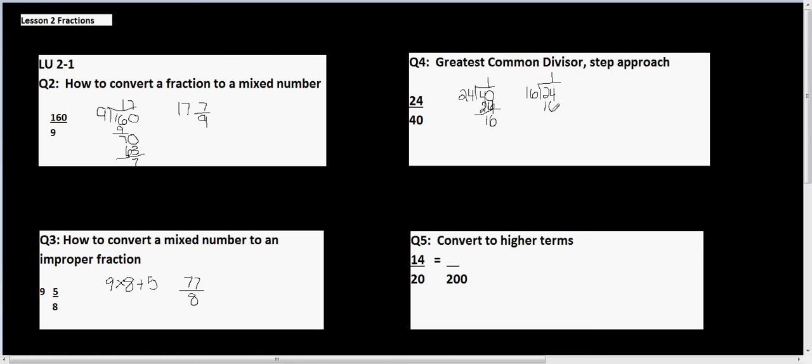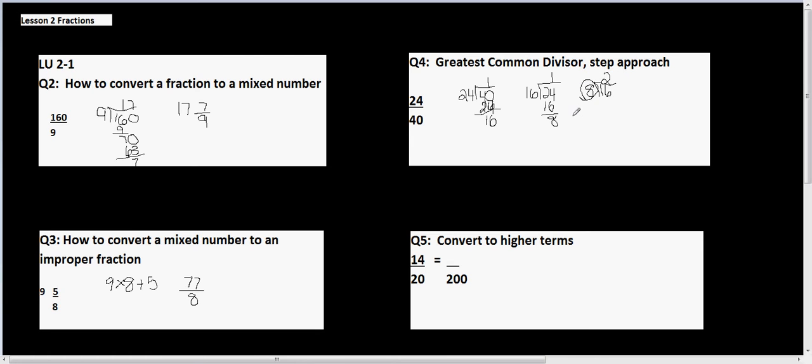We subtract that and we get 8. Eight now is going to go into 16. How many times? 2. So our greatest common divisor using the step approach is 8.